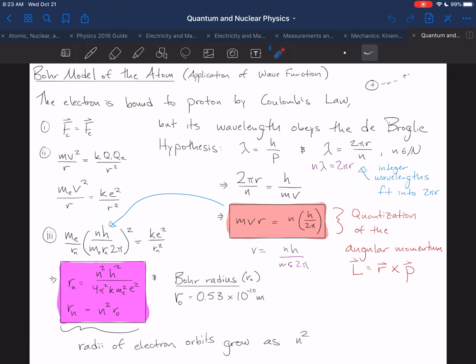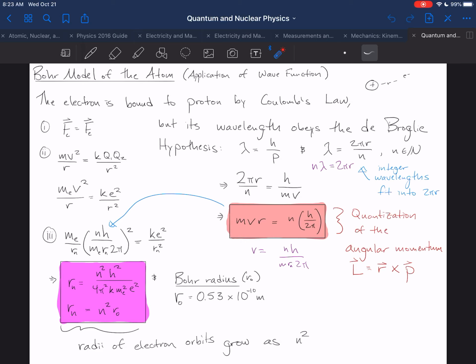In order to move forward, though, we're going to integrate results both from classical physics and this particular quantum hypothesis. And the thing to remember is that the electron is bound to the proton by the electromagnetic force, and therefore by Coulomb's law. So we're going to mix models here a little bit in sort of a funny way.